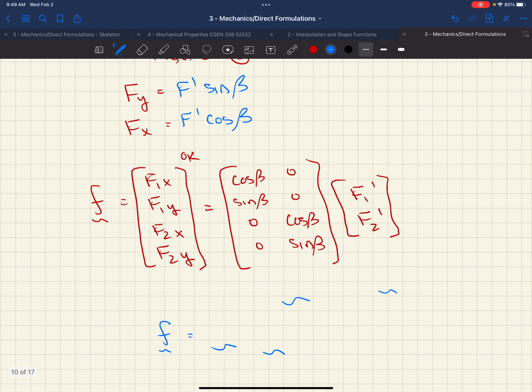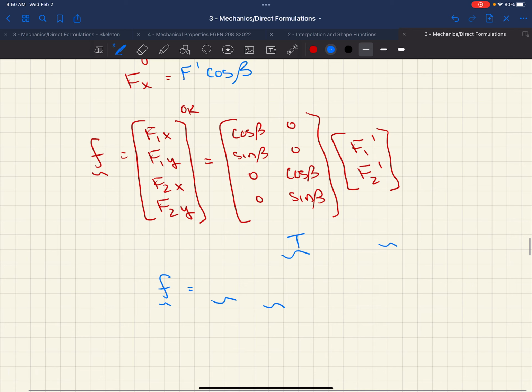Or if we broke it down further, each one of those with respect to our node 1 and node 2, we would get these matrix developments. This is our transformation matrix transposed, in order to get our global or common. So we end up with this relationship between our local forces and our common or global forces based on this transformation matrix.